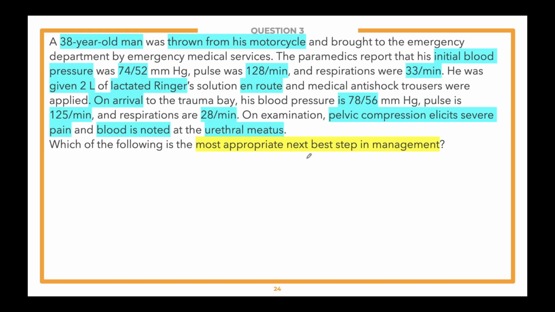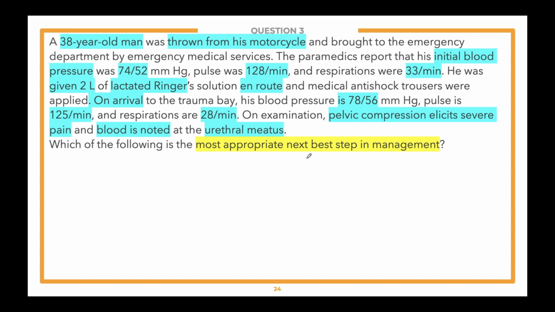Thank you, Sean. So once again, we're going to show you what we think are the important clues in this vignette and the lead-in. We think demographics are important here. We have a 38-year-old male, and as Sean went through the question, you could tell it was important because we talked about a urologic injury. He was thrown from his motorcycle.